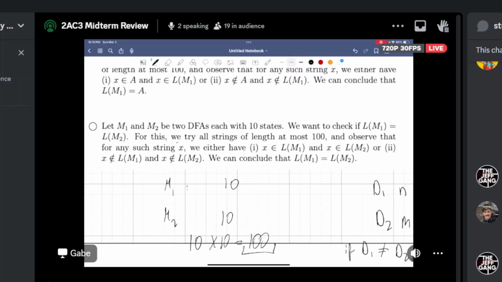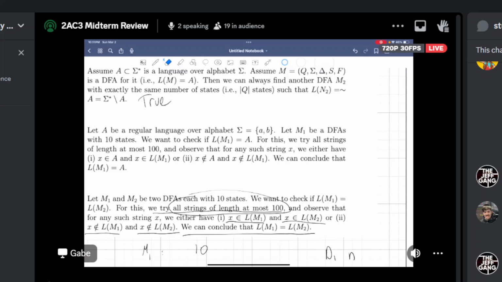But over here, we tried all the strings of length 100, and we observed that if it's accepted in the first one, it's accepted in the second one, and if it's not accepted in the second one, it's also not accepted in the first one. So can we conclude that they're the same? Yes, we can, because if they weren't the same, of all the strings we tried that were of length at most 100, we would have found at least one that we call the distinguishing string.